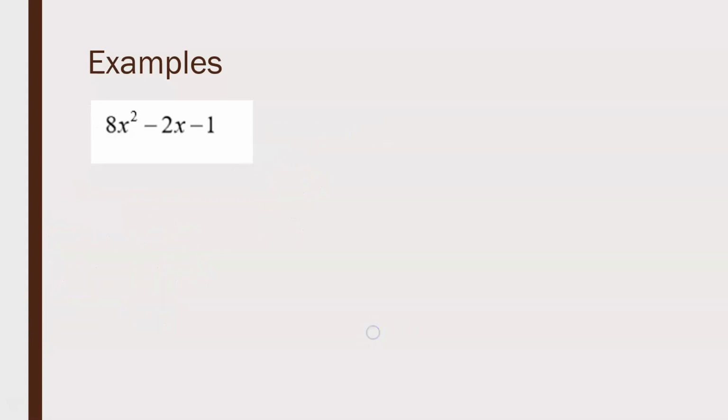All right, example 3. So I'm going to take factors of 8 times -1. So factors of -8. Let's just start making a list here: -4, 2, 4, -2, 1, -8, -1, 8.